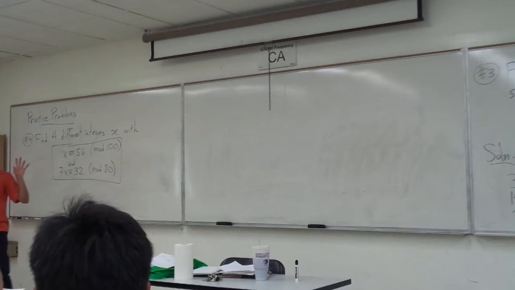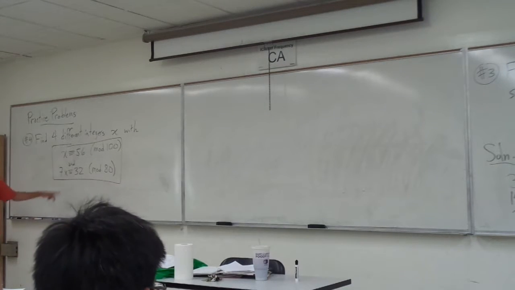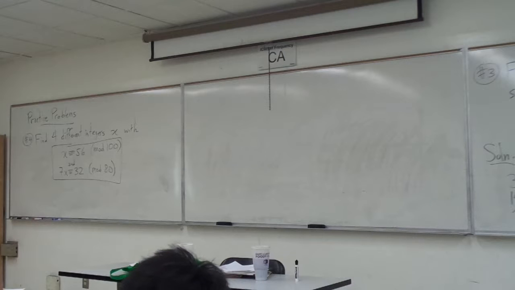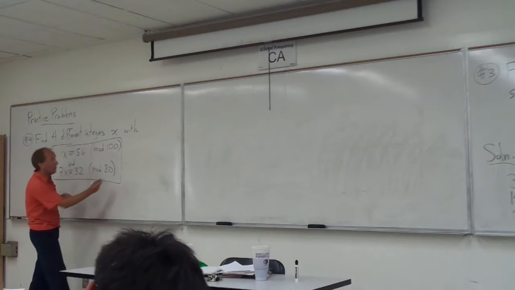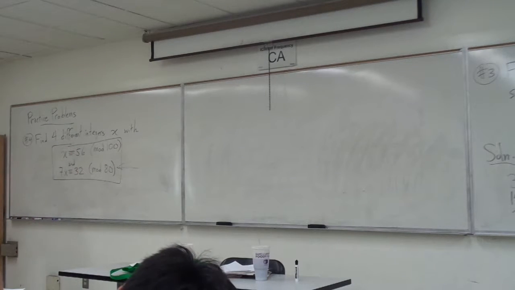However, there's a little catch here, which is that the second congruence is not in the right form yet, because there's a 7 in front of the x. So that's actually also problematic right now. So this is a problem that has several steps. The first thing you need to do is not even worry about the first congruence. You need to replace the second congruence with another congruence of the form x congruent to something.